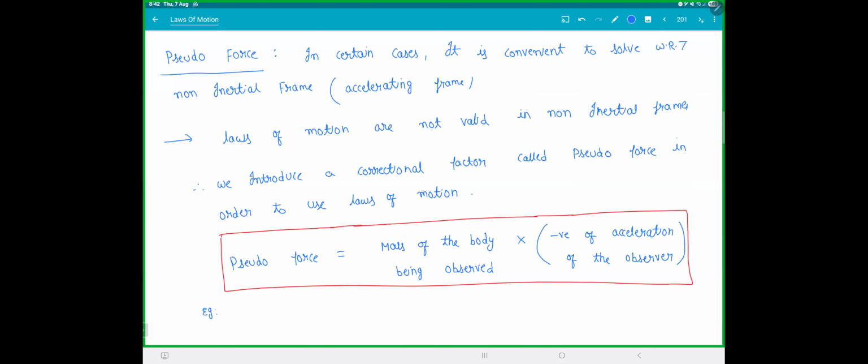For example, let's say we have an observer who is going with acceleration a1. We have a block m which is going with a2. Now if you ask this person, boss, what is the pseudo force on m as seen by the man?